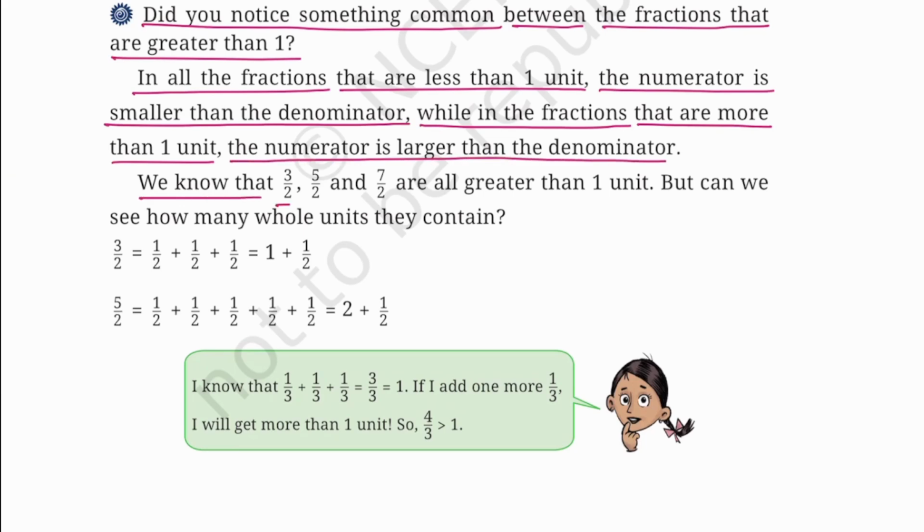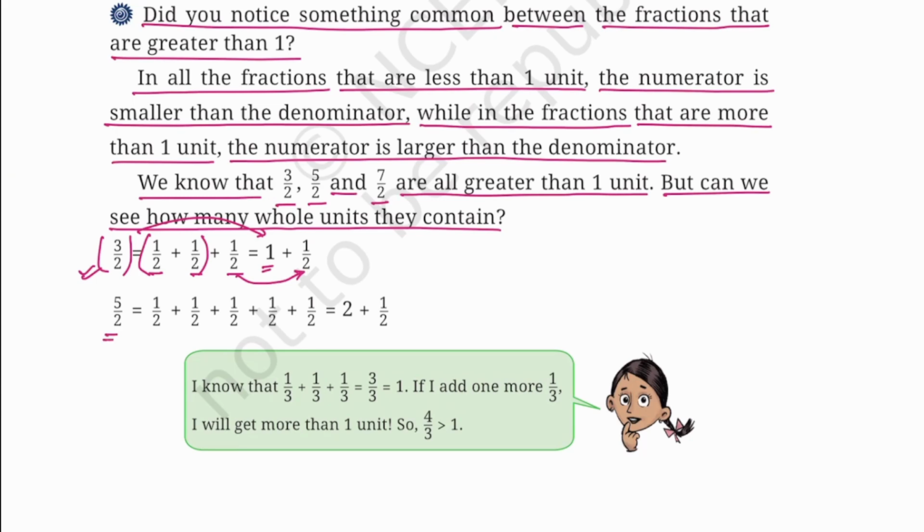We know that 3 upon 2, 5 upon 2 and 7 upon 2 are all greater than 1 unit. But can we see how many whole units they contain? 3 upon 2 can be written as 1 upon 2 plus 1 upon 2 plus 1 upon 2. 1 upon 2, 1 upon 2, that is half and half, makes whole or 1, and the half remains here. 3 upon 2 can be written as 1 plus half, that is, 3 upon 2 is more than 1.